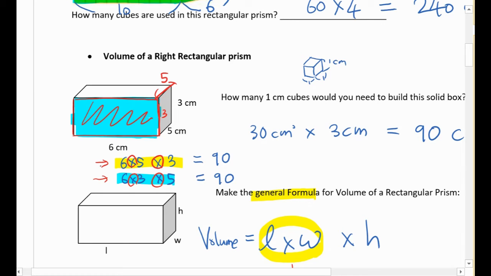The order does not matter when you multiply, right? Remember, 2 times 5 is 10, and 5 times 2 is also 10. So if you consider the blue part as the bottom, we just switch the order. The result will be the same.